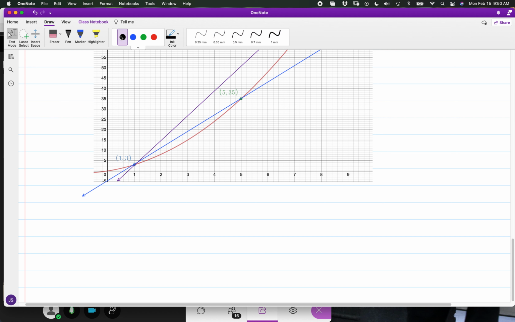Now looking at functions, and right now we've looked at functions on an individual basis. Now let's say we have operations occurring between functions.